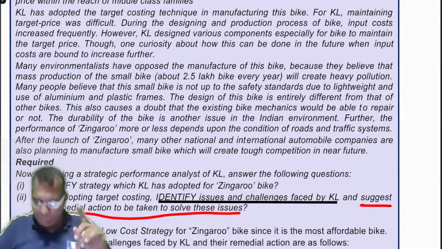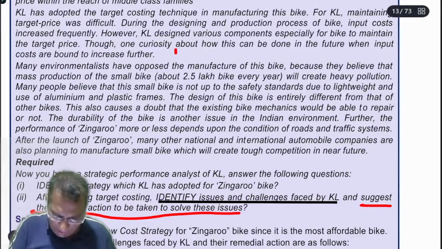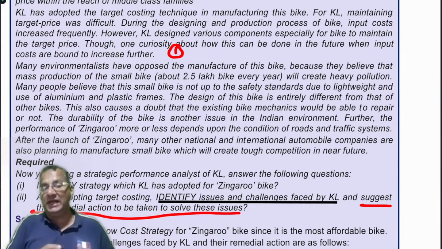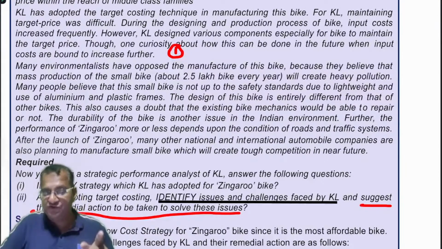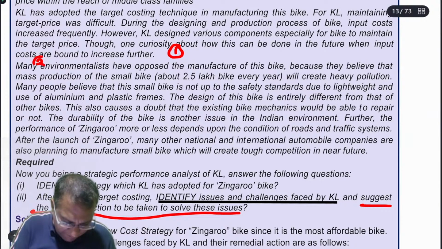Okay. The very first challenge faced by the company is how the future cost can be tackled when input costs are bound to increase further. This is the first challenge. The second challenge is related to environmentalists.